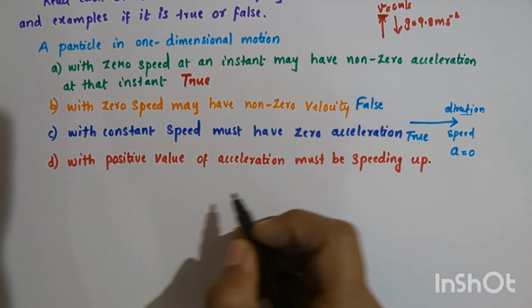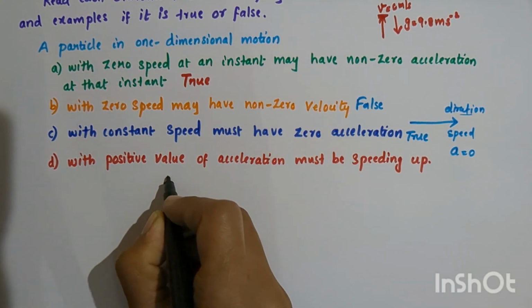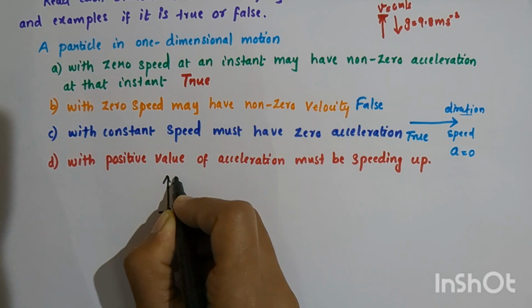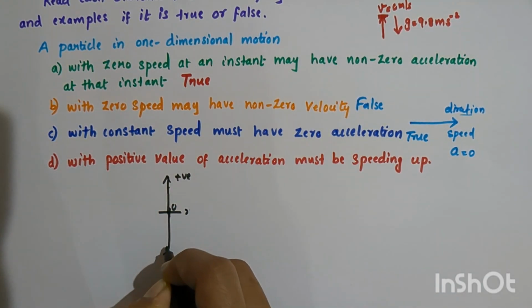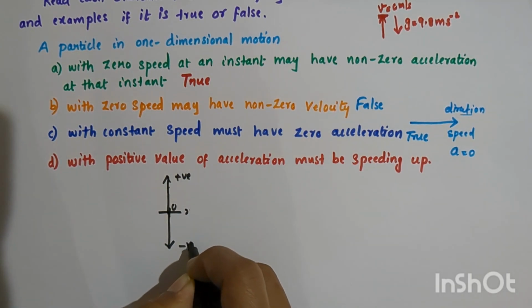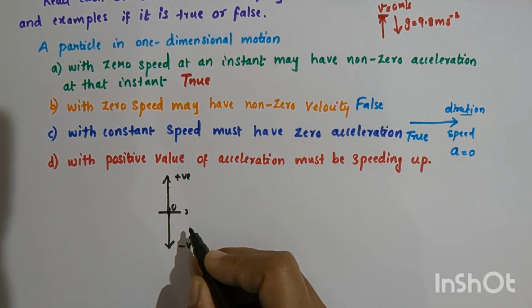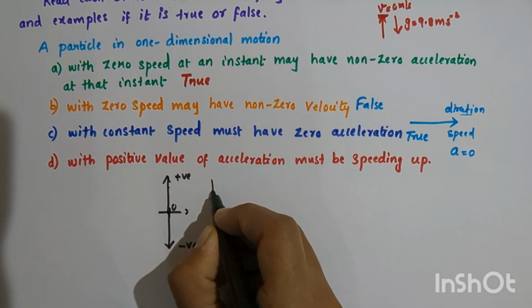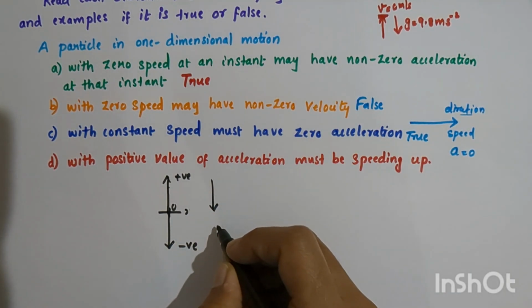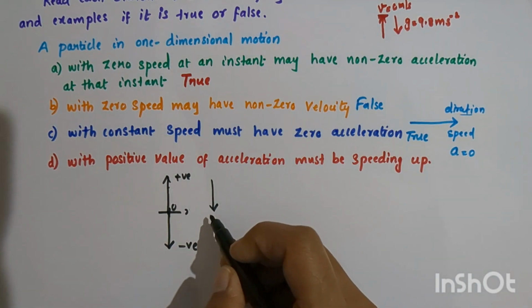If I take this as the origin, then I take this as the positive direction, and the vertically downward one as the negative direction. Consider a ball or a particle moving in the downward direction, which is a one-dimensional motion.